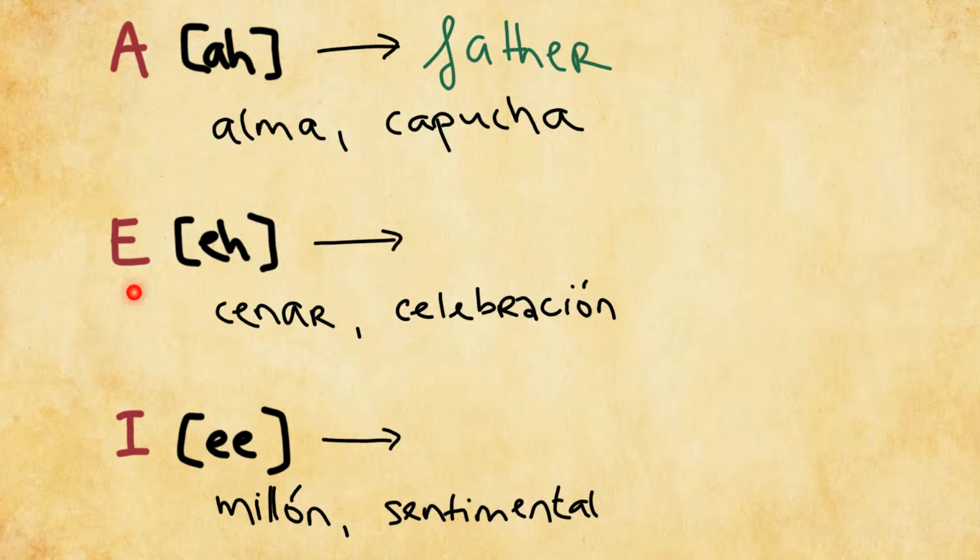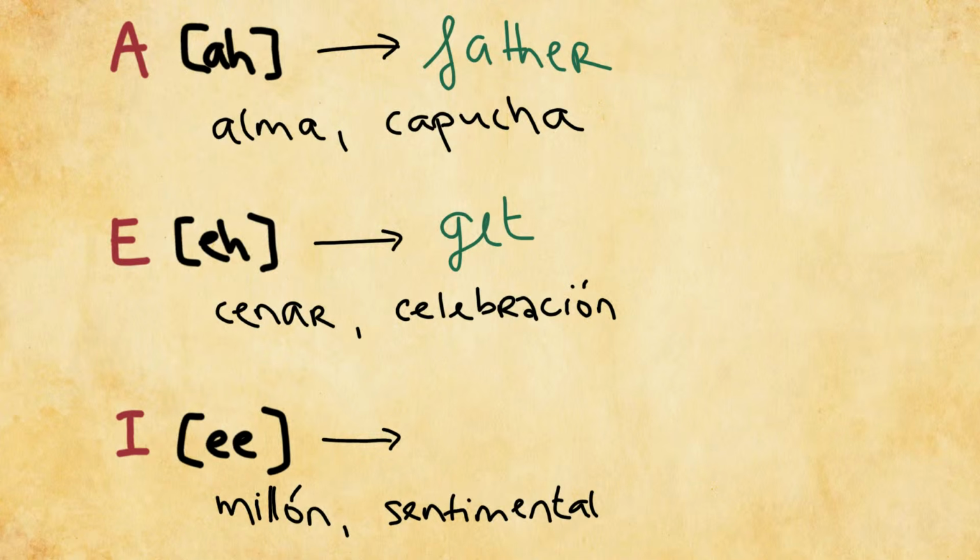If we move on to the E, which in Spanish is pronounced E, it is pretty much the same as pronouncing the word get in English, or let. Again, many other words. So this is not something that you would not be able to use in English. Vowels should not be difficult at all for English speakers. So get, cenar, celebración.